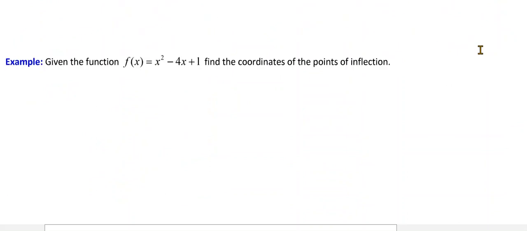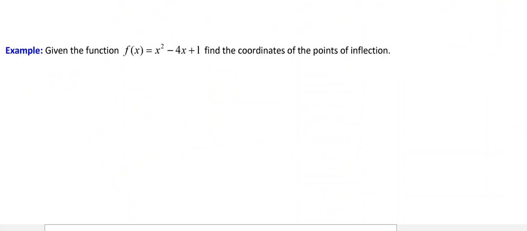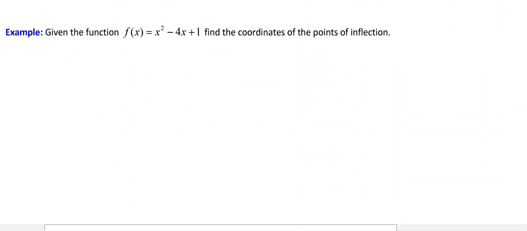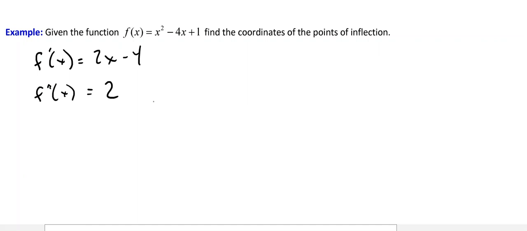And finally, this last example, find the coordinates of the point of inflection. So our first derivative is 2x minus 4. The second derivative is simply a constant, 2. All right, so it is a constant 2. So what exactly does that mean? Well, the important thing is that this 2 is positive, right?